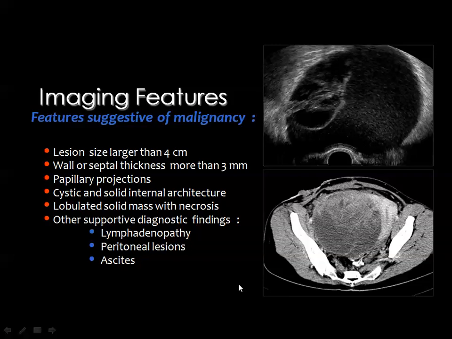And if you see, and this is a rare presentation, a solid mass with central necrosis, and you see some supportive findings for malignancy, like the presence of metastatic lymphadenopathy, peritoneal metastases or deposits, and the presence of ascites as well.